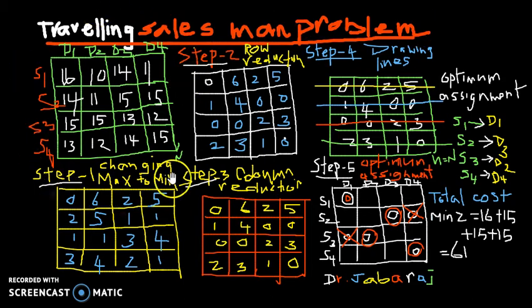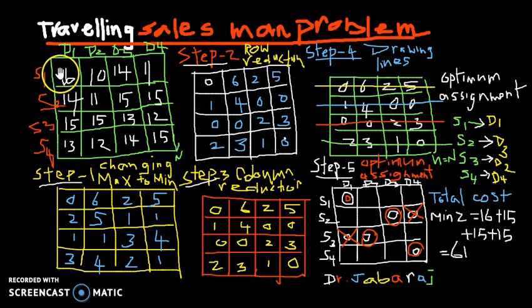Now I'll take one problem and we will discuss that. Suppose there are four salespersons, S1, S2, S3, and S4, and four districts, D1, D2, D3, D4. The figures inside the green box give the profit they are bringing to the company. If the first salesperson is sent to the first district, he is bringing 16 rupees for the company.